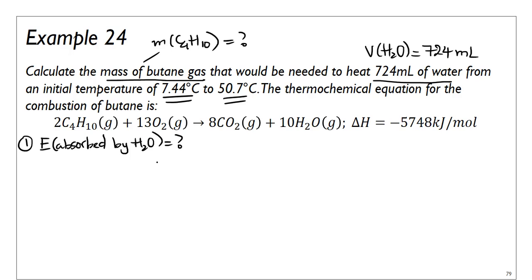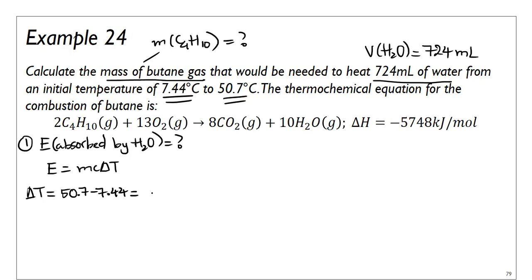And in order to find energy absorbed by water, I am going to use E equal to mc delta T, since that's the only formula that I have that will determine energy absorbed based on a change in temperature. So because the initial temperature is 7.44, final is 50.7, change in temperature is this.